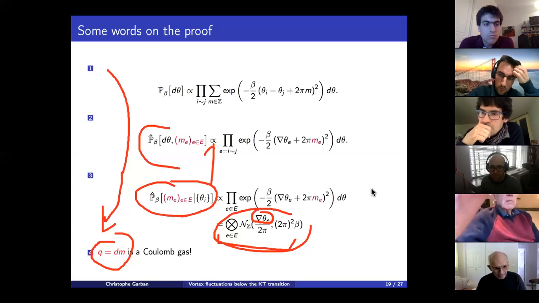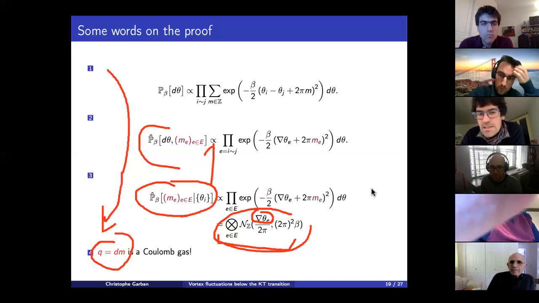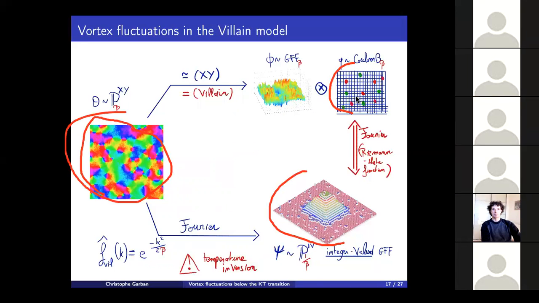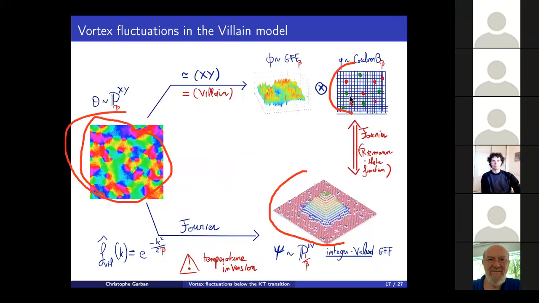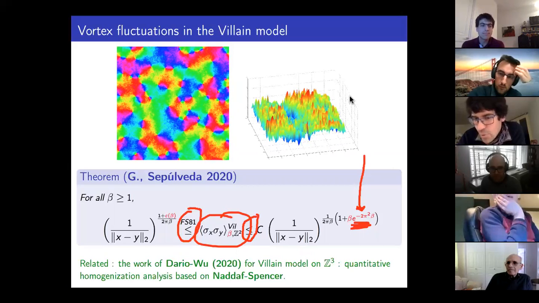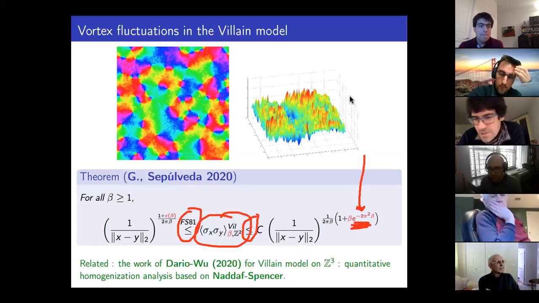Yes, in some sense, the vortices are naturally given by Q equals dm, where m for the XY model lives on the 1-forms, and m for the lattice gauge theory lives on the 2-forms. So it tells you exactly where the vortices should live.